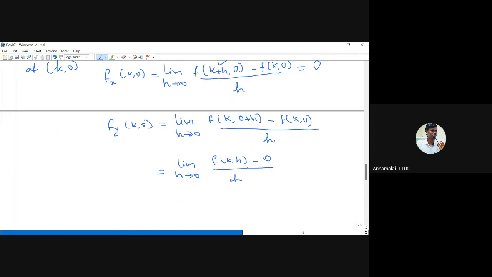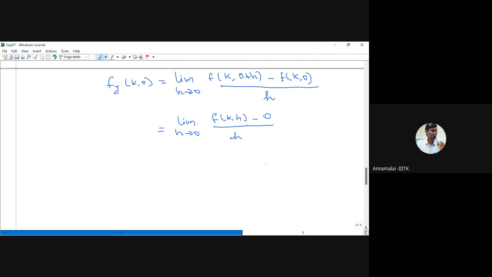Now what is f(k, h)? k is non-zero, h is non-zero, therefore the function is limit h goes to 0 of the product k into h, into (k squared minus h squared) by (k squared plus h squared), divided by h. So you can cancel this h.